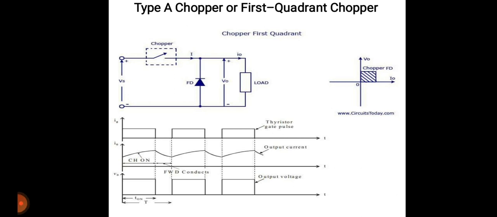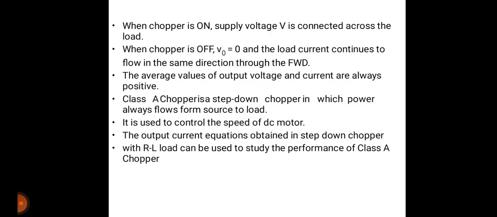This chopper is also called step down chopper, as average output voltage V0 is always less than the input DC voltage Vs. In this figure, this is the circuit diagram of chopper type A and its waveforms. This is the operation of this chopper.